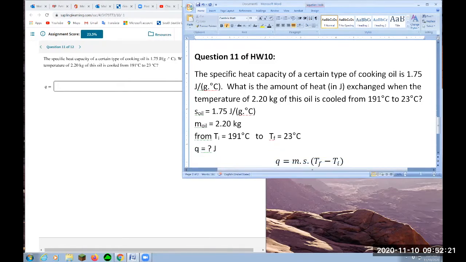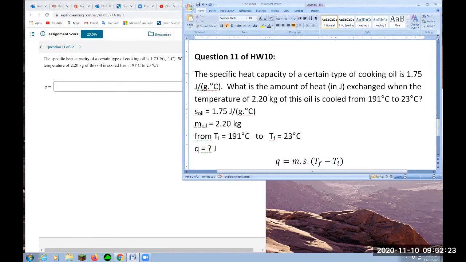So the formula is Q equals m s delta T. Delta T is Tf minus Ti, always Tf minus Ti. So are we ready to plug in the values? Here we have mass in kilograms and specific heat capacity per gram, per degree, in joules.